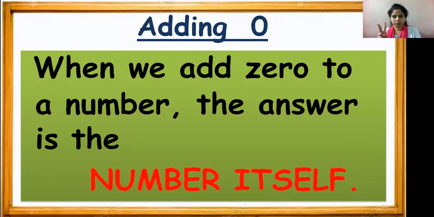Like 2 plus 0. When we add these two, at the end we get again 2. It means 2 plus 0 will give you again 2, the number itself.